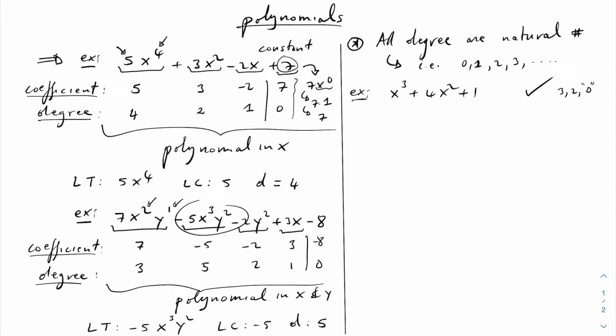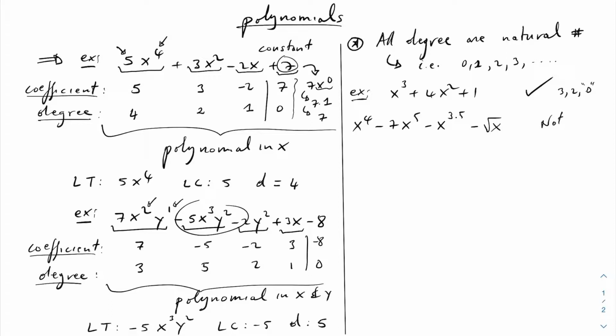Okay, next example, we have x to the power of 4 minus 7x to the power of 5 minus x to the power of 3.5 minus square root of x. So if you look at this one here, is it a polynomial? No, right? Because you have x to the power of 3.5 here, which is no good.